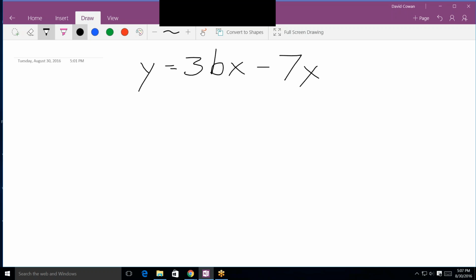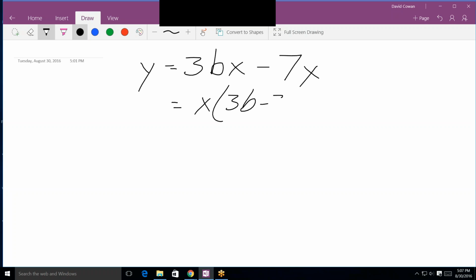Like that? Okay. What's the question? We have to solve for x. So first we're going to put in parentheses, so it's going to be y equals x, and then in parentheses, 3b minus 7.